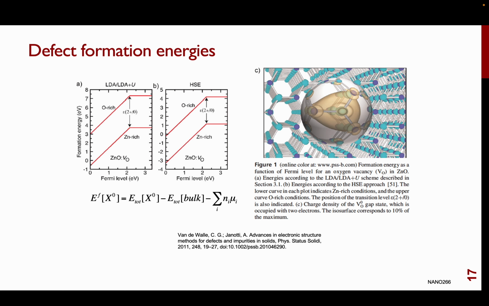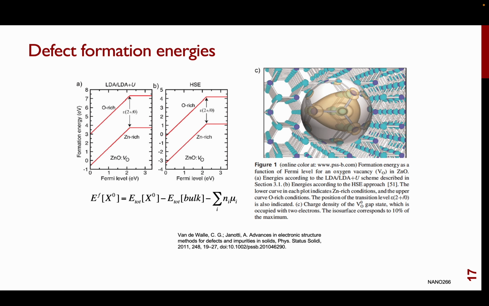The formation energy is basically given by the energy of your defective structure. You subtract out the total energy of your bulk structure, and then you subtract the chemical potential related to the atoms that you add or remove from your system. By doing this, you can construct these kinds of plots, which tell you what is the most stable defect under what kind of conditions. For instance, you can imagine the formation of oxygen vacancies.